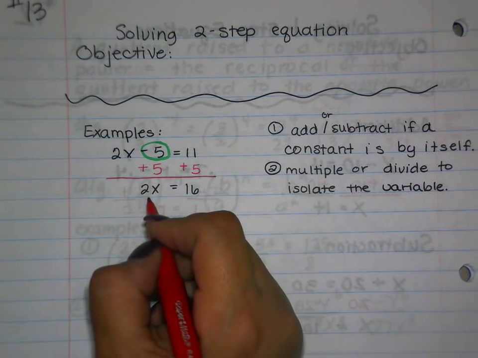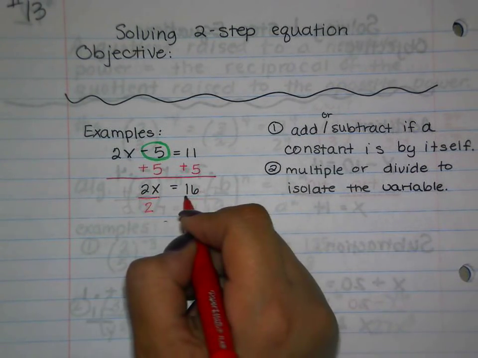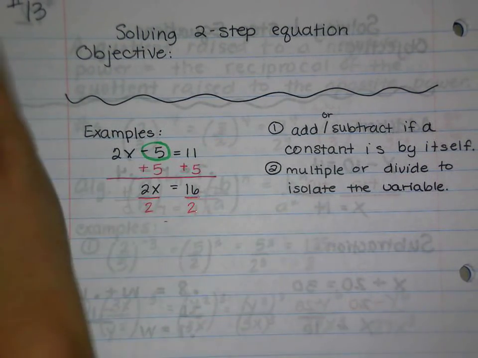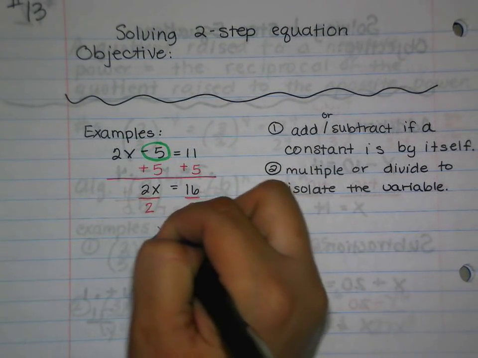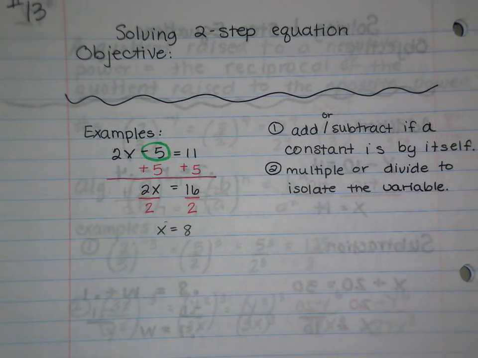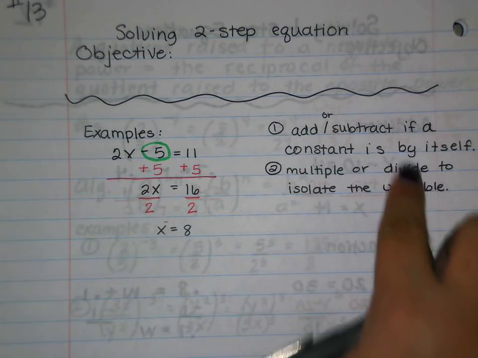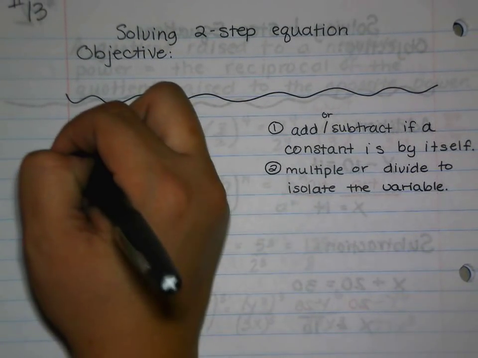The 2 and the x are connected through multiplication. The opposite of multiplication is division, so we're going to divide both sides by 2. These 2's cancel out, and that's going to leave us with x is equal to 16 divided by 2, which happens to be 8. Okay, and we're going to follow these same steps each time we work with a two-step equation. So let's say this was number 1.